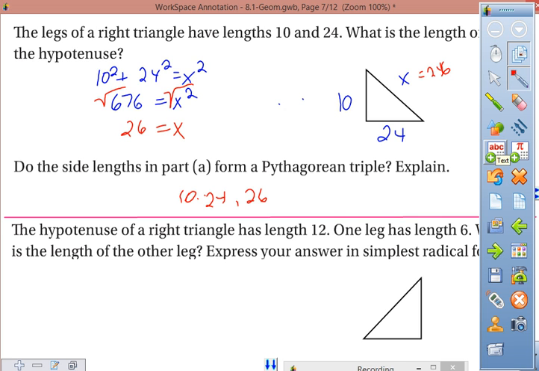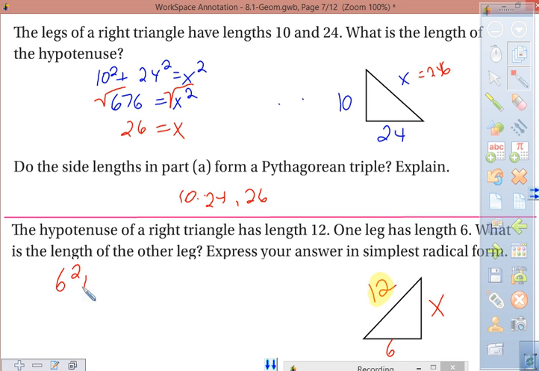The question below: the hypotenuse is 12, a leg is 6, what is the length of the other leg? So remember, this 12 is our hypotenuse. So a squared plus b squared equals c squared. So I get 36 plus x squared equals 144.